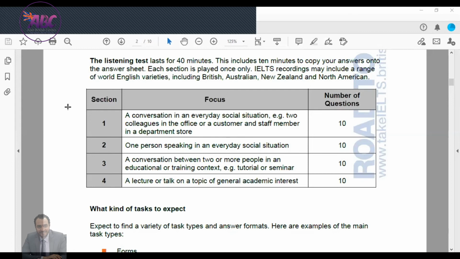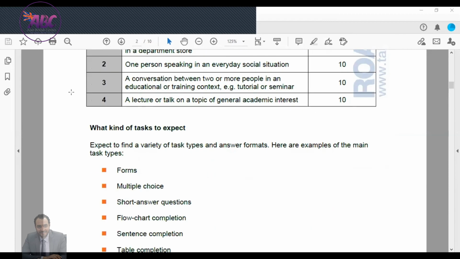And of course, you can see that the difficulty goes up from section 1 to section 4, because it's not an adaptive test. This test starts with easy questions and then goes on to raise the difficulty. What kind of tasks or questions should you expect?